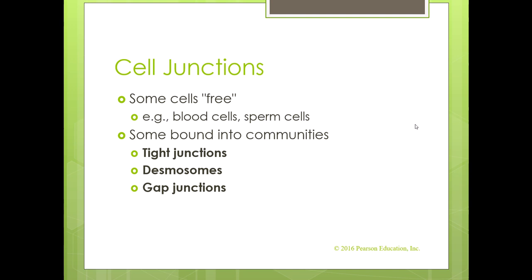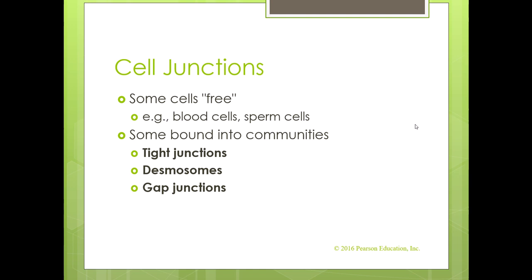But just about all the other cells in our body are attached. They get bound together into what we would then call a tissue, which is chapter 4, the next chapter. It's communities of cells, all of the same type, that come together for a common function.